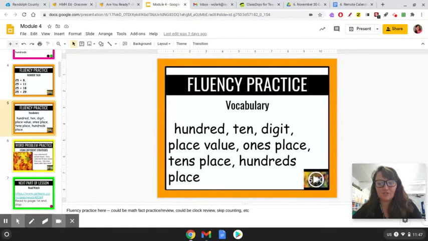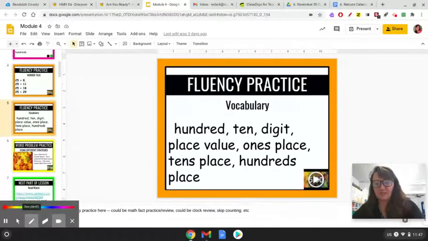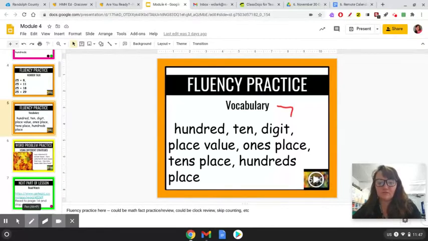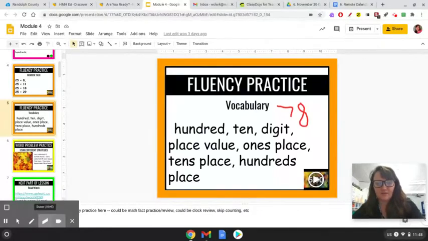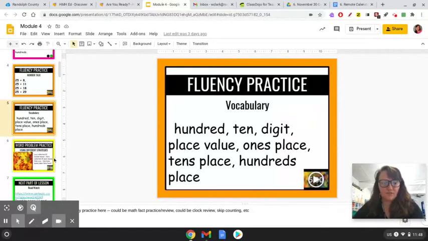But a digit is like a number. So for example, a digit is like 7. 7 is a digit. It's just 1. It's numbers 0 through 9. Those are the digits. Okay? So 7, 8, those are all digits. Okay? All right. Now, let's keep going to the next part.